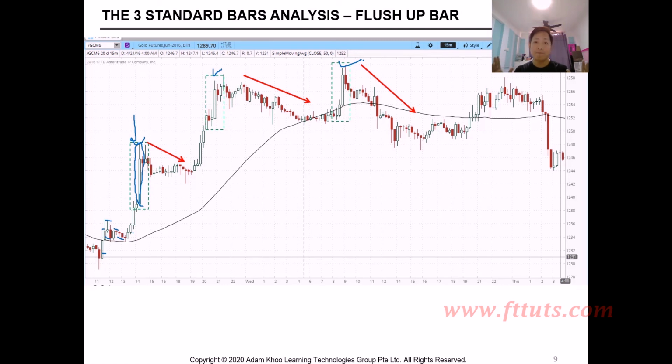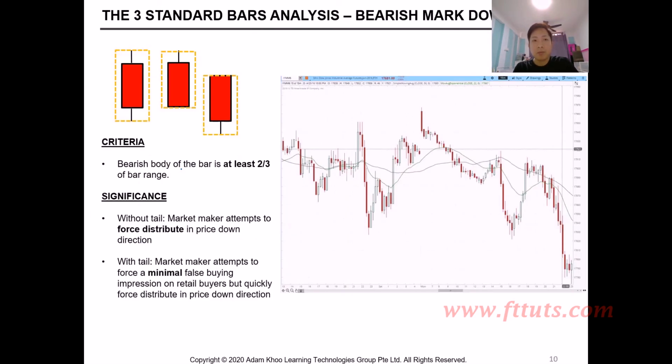If you are long, like I mentioned, it's a good trade to take some position off. As you can see, every time the flush up bar forms, the market either goes sideways or comes back down.